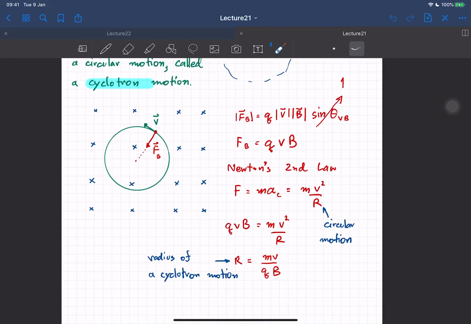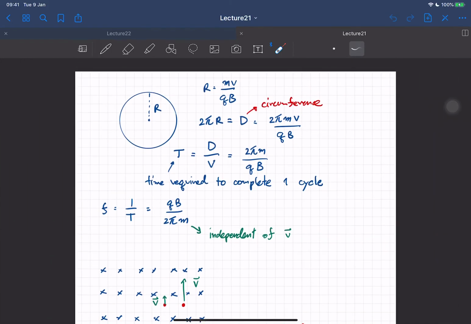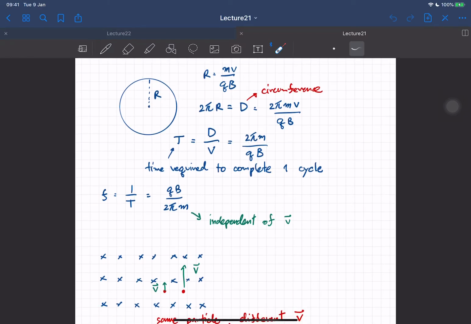What's more interesting is when we try to find the frequency of the motion, right? First is the period, which is how long it takes for the particle to complete a circle like this. It's just the circumference, which is the total distance traveled, and that's 2 pi r.